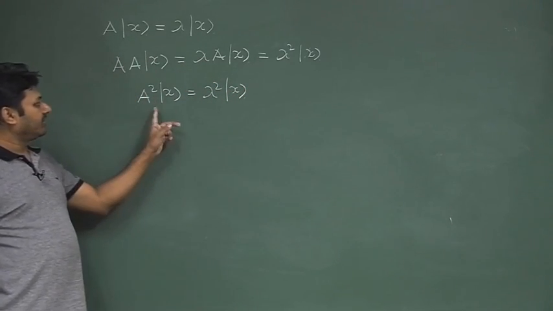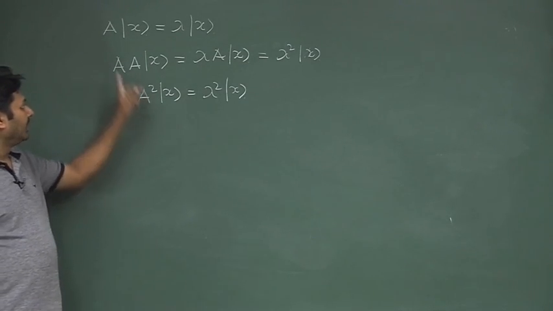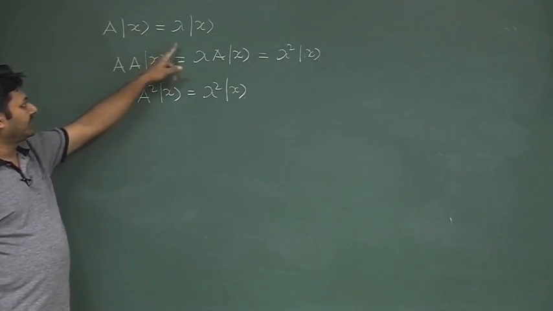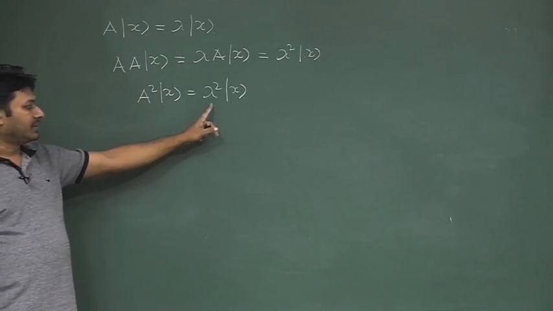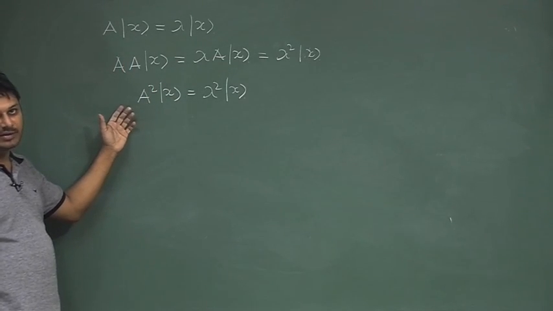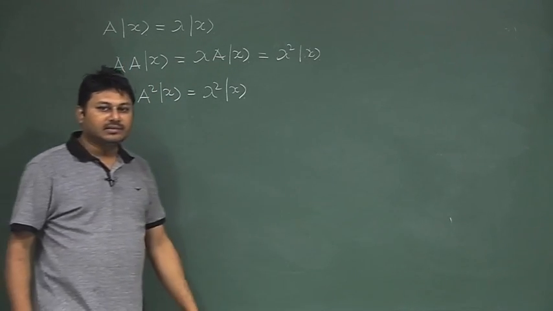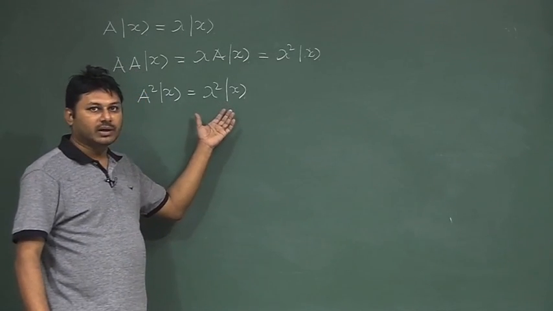So it readily shows you a very important outcome: if A is a matrix with eigenvalue lambda, then A squared has eigenvalue lambda squared, and so on. So with this very simple structure, you can find the eigenvalue of A squared.